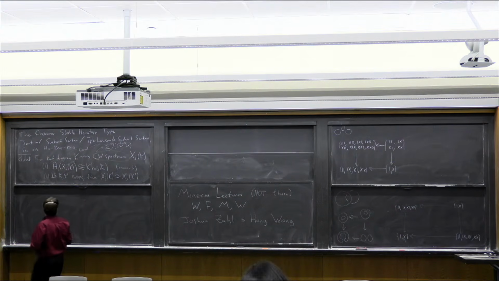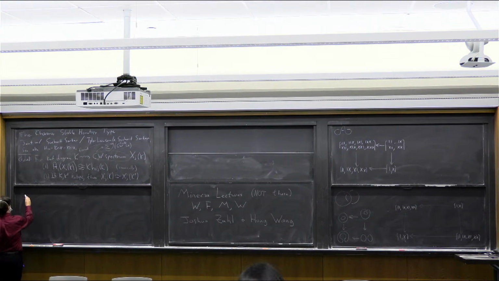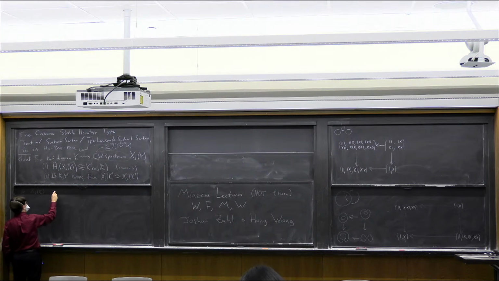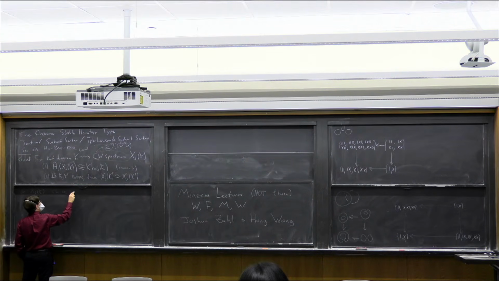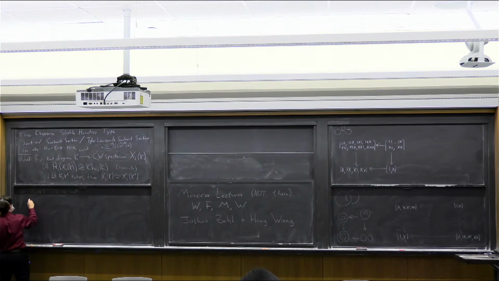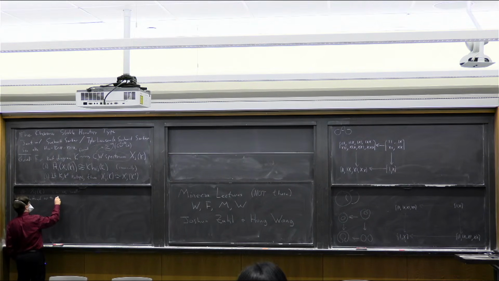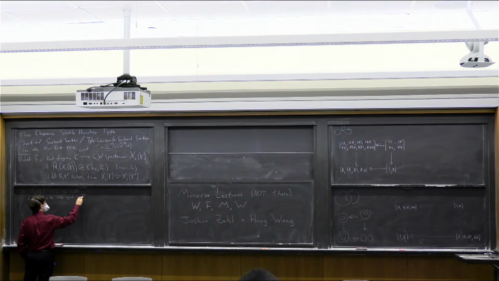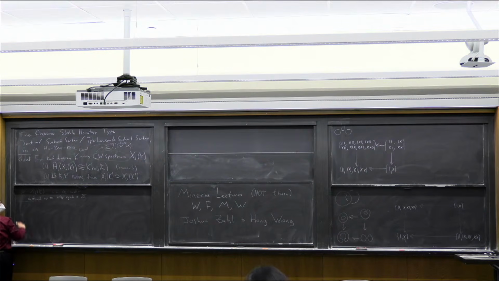Alternatively, you can just think of X_j of K as a big dimensional CW complex, so X_j of K is a CW complex well defined up to homotopy equivalence and suspension. So sigma is my notation for suspension. Okay.